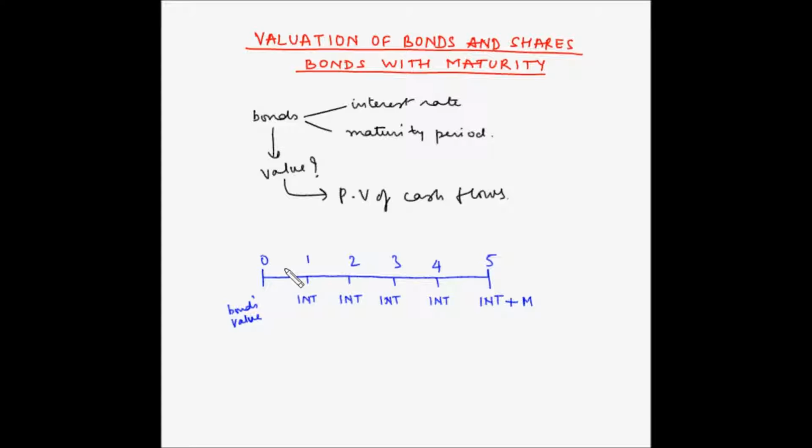So the discount rate should be the rate at which the other bonds with similar characteristics are available in the market. So basically, if you did not invest the money in the bond and you invested money in either some other bonds or some other instruments, what is the interest rate? That is the interest rate that you should use as the discount rate.